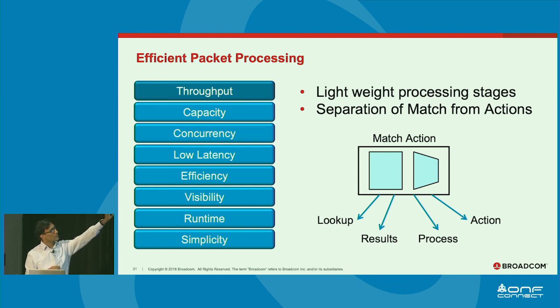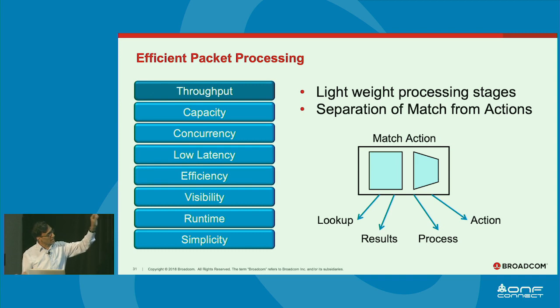So what we do is, when you take match action as a universal primitive, we disaggregate it. By disaggregating, you have smaller stages, they get a lot more parallel, you get a lot more throughput, and you get more of them also, right? The number of stages never becomes an issue. Hardware by nature always has a limit, but the amount of functionality you can put into an ASIC, when you compare with some other ASICs or some other languages, becomes an order of magnitude better by doing this level of disaggregation.